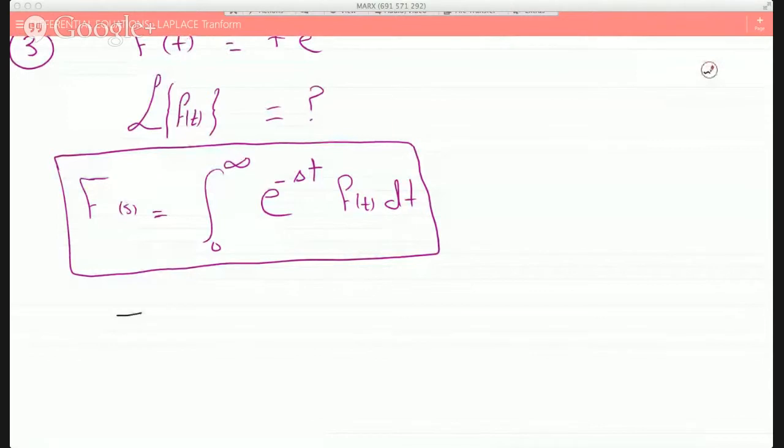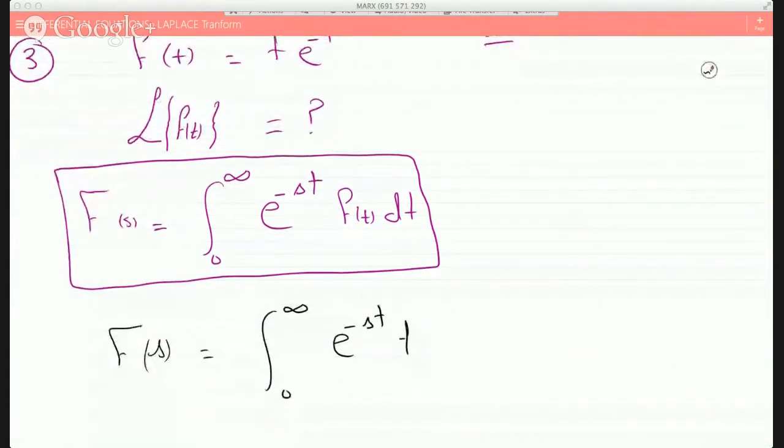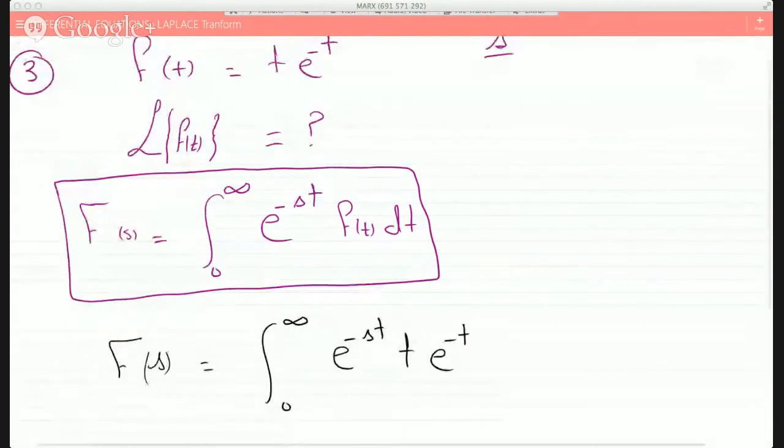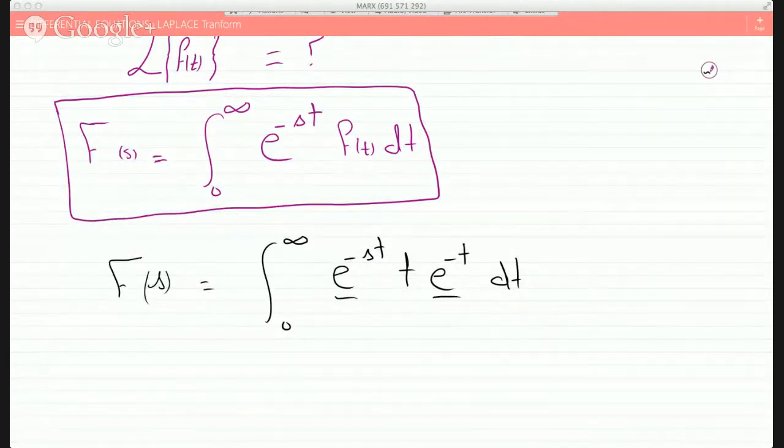So if we plug this in, we get the integral from 0 to infinity of e to the minus st, and f of t is t e to the minus t, dt. We can combine these two exponentials into one exponential.